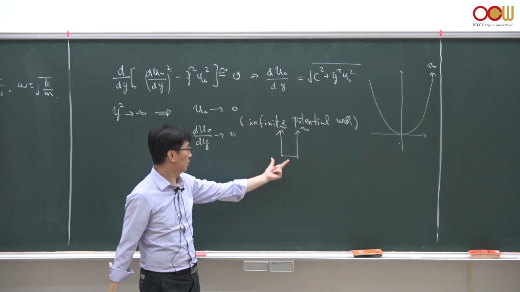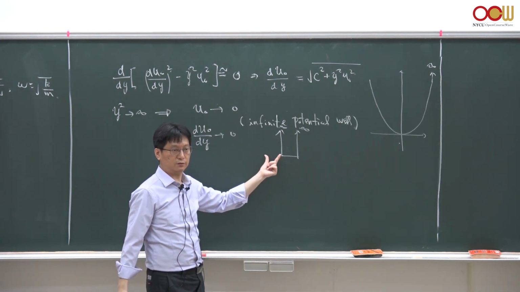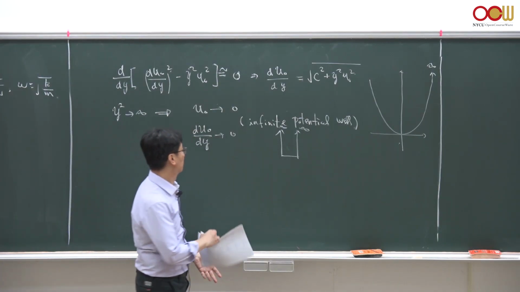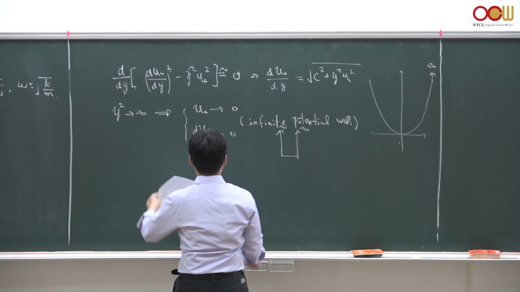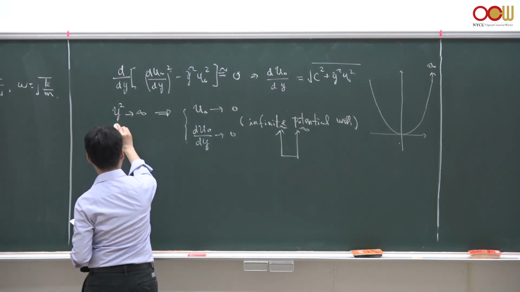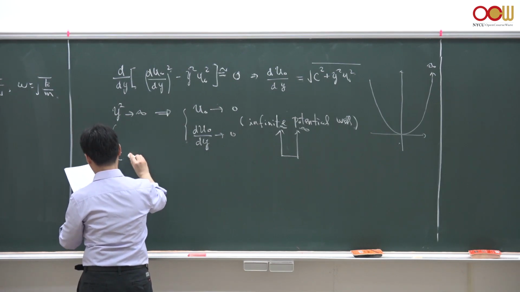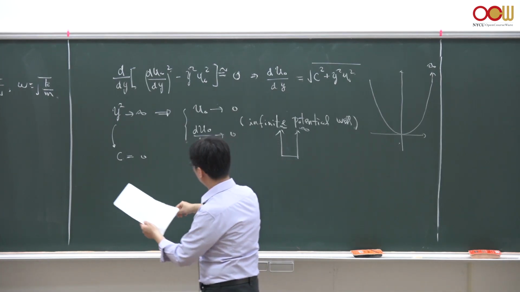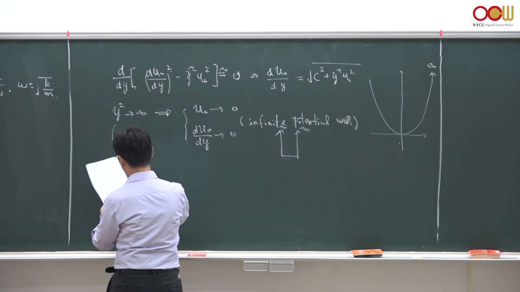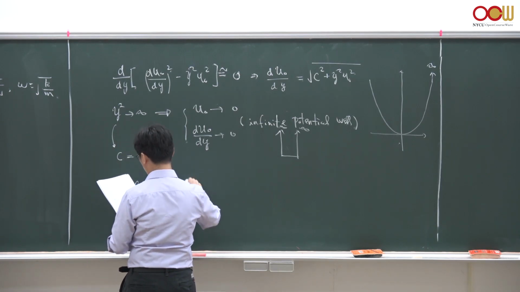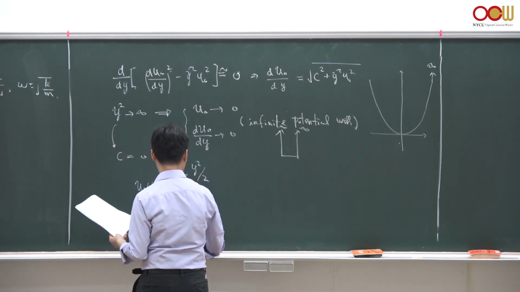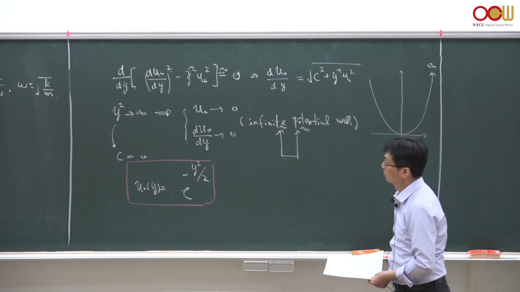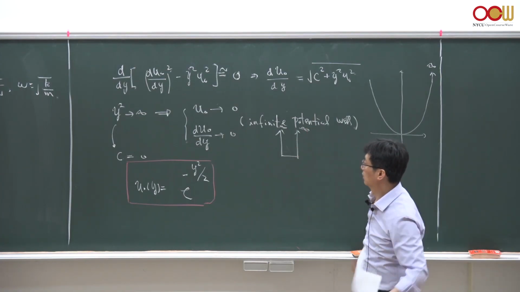For the infinite potential well, right at the boundary, all these eigenfunctions vanish, so the first derivative vanishes there. So in this limit, we immediately see that the constant prefactor vanishes. So simple. Okay, so then you could immediately get the solution in this limit, where u0 is given by e to the minus y squared over 2. This is just the approximation when y or x goes to very, very large value.